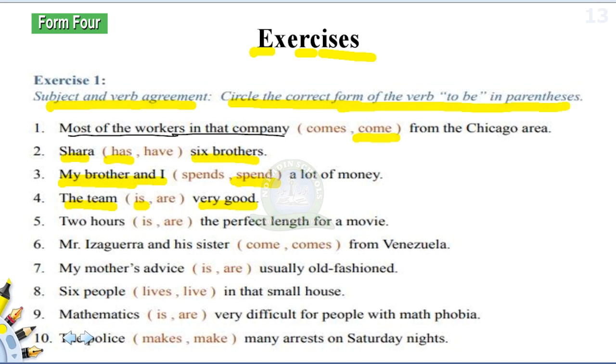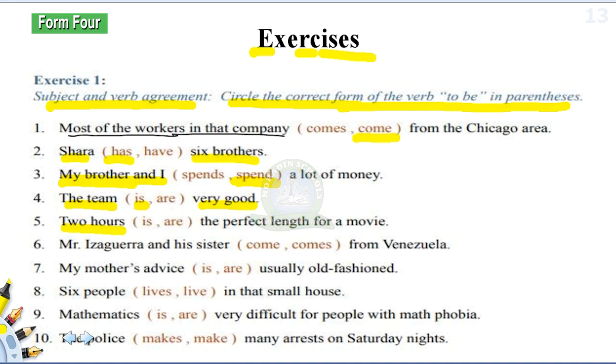The correct answer is 2 hours is. 2 hours is a time. I said to you before on this slide, use a singular verb for time, distance, and money. So 2 hours is, not are.